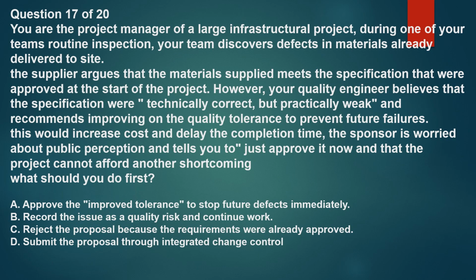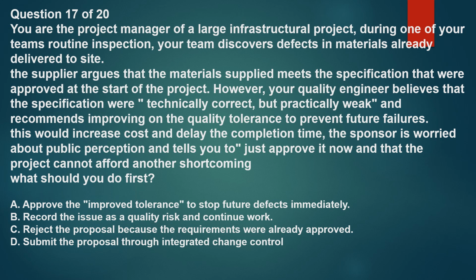Question number 17. You are the project manager of a large infrastructure project. During one of your team routine inspection, your team discovers defects in materials already delivered to site. The supplier argues that the materials supplied meet the specification that were approved at the start of the project.